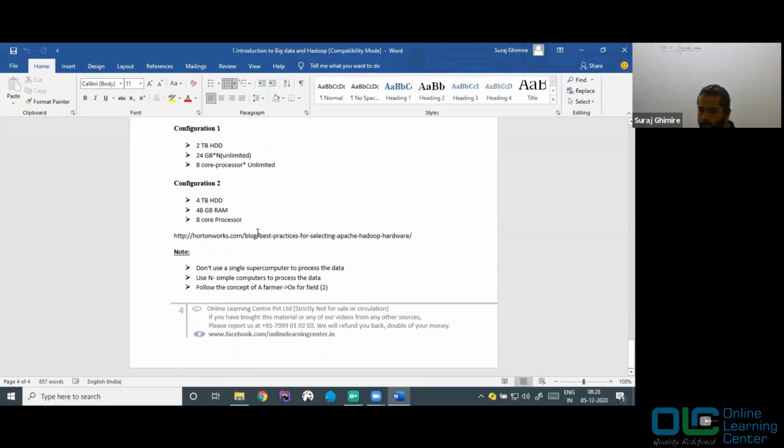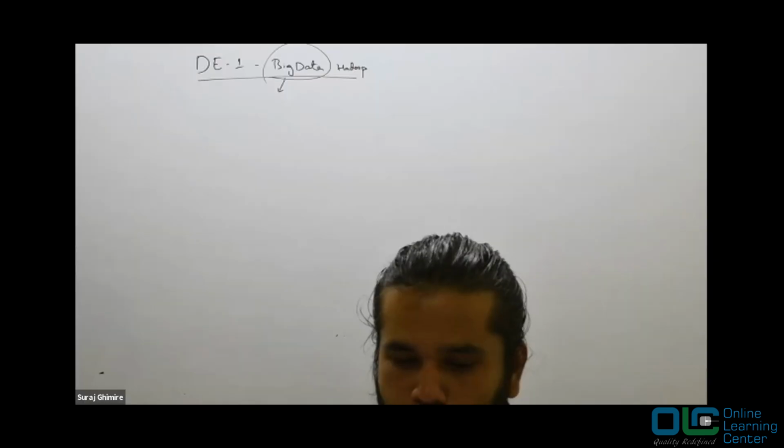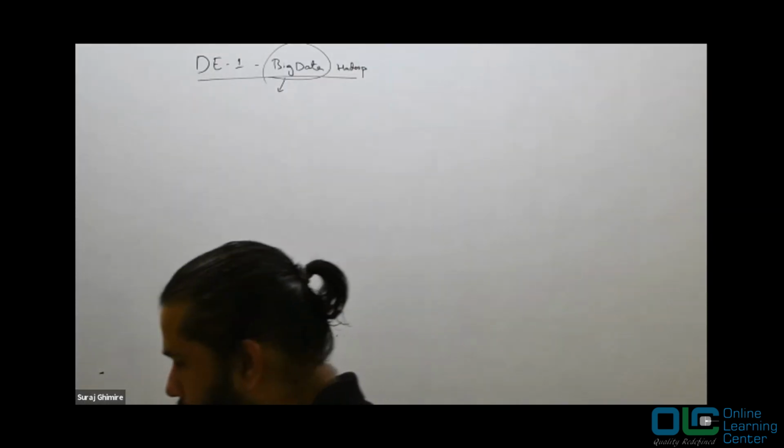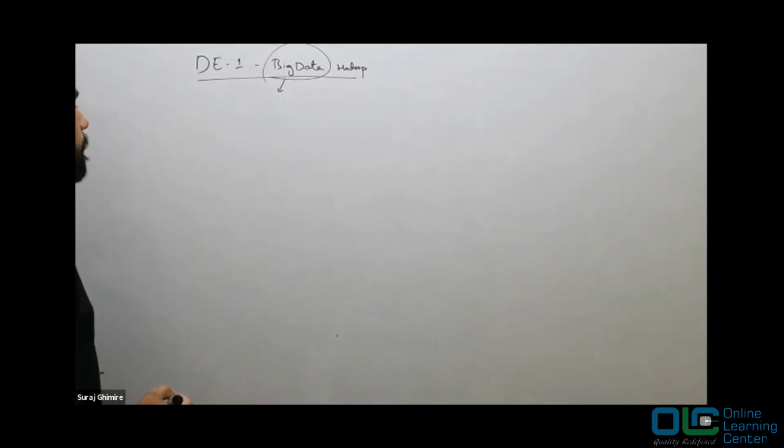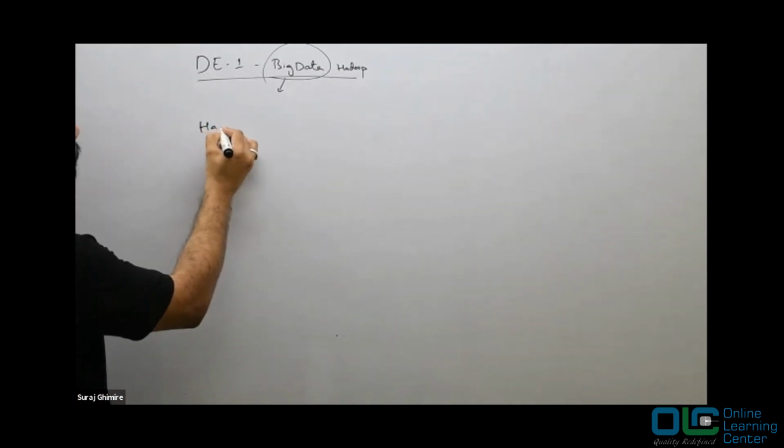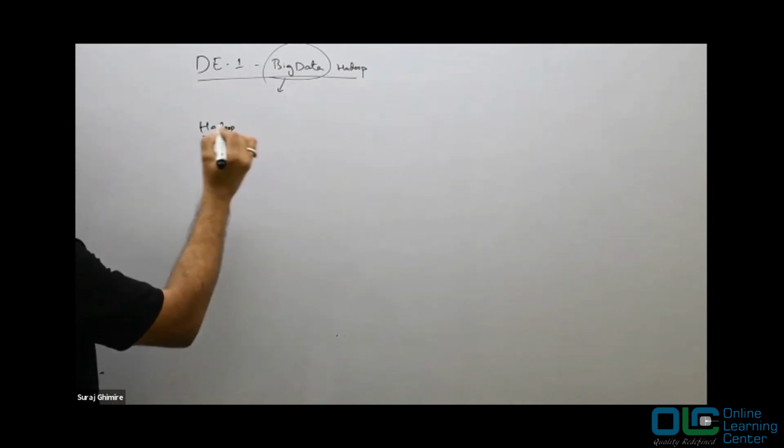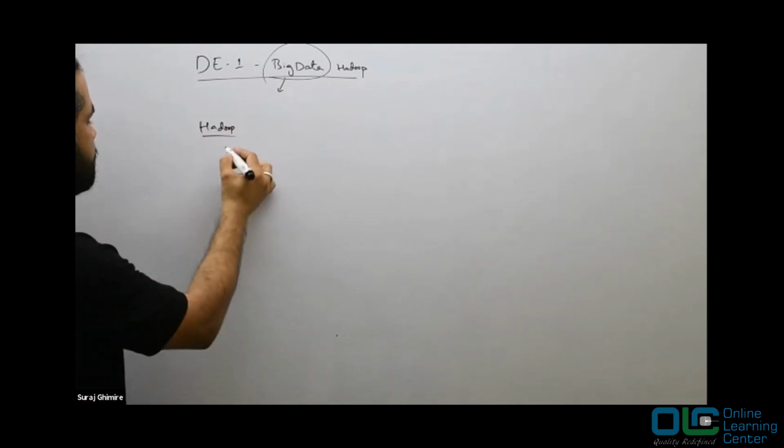Now the whole motto of Hadoop is very simple. Hadoop says, don't use a single machine. Always try to use multiple systems. So let's go back to the class whiteboard again.